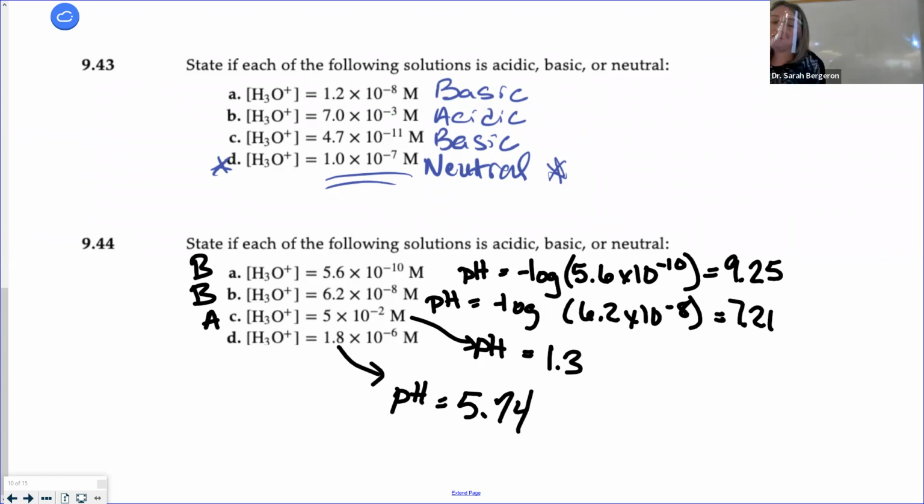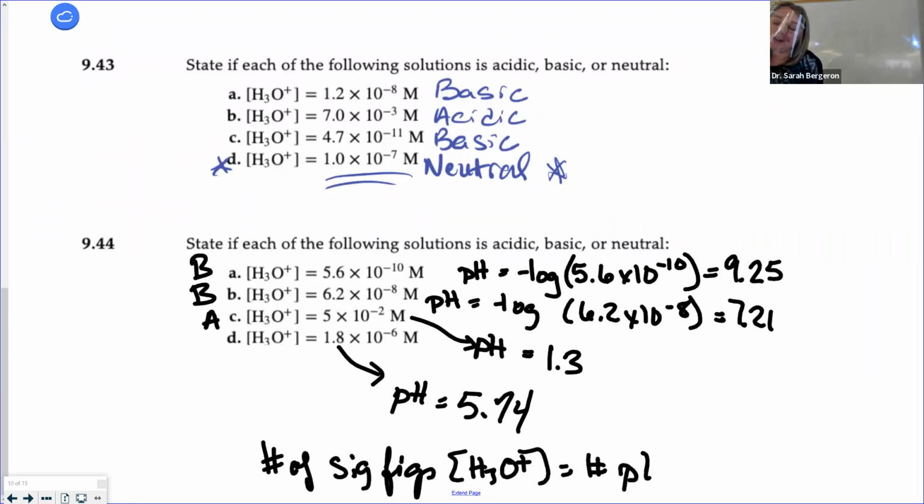And in pHs, your number of sig figs in concentration of H3O plus is equal to the number of places past the decimal in pH. You don't have to really memorize that. It's going to be multiple choice, so you're not going to be really worried about sig figs, but I want you to realize that it's different. So D is acid or base or neutral? Acid.